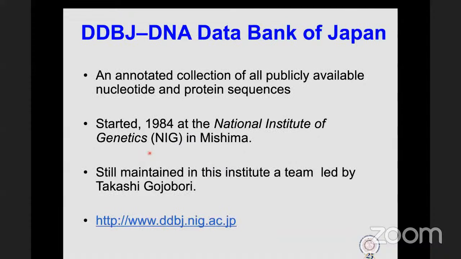Now, the DNA Data Bank of Japan was started by the National Institute of Genetics in Mishima, and they are still maintaining it. It is led by Takashi Gojobori. It was developed in 1984.